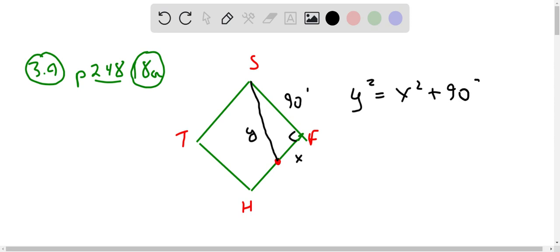To get the rate of change of Y, let's differentiate everything implicitly with respect to time.